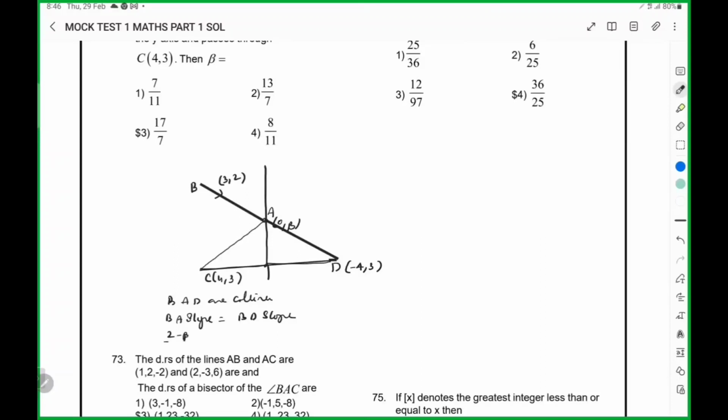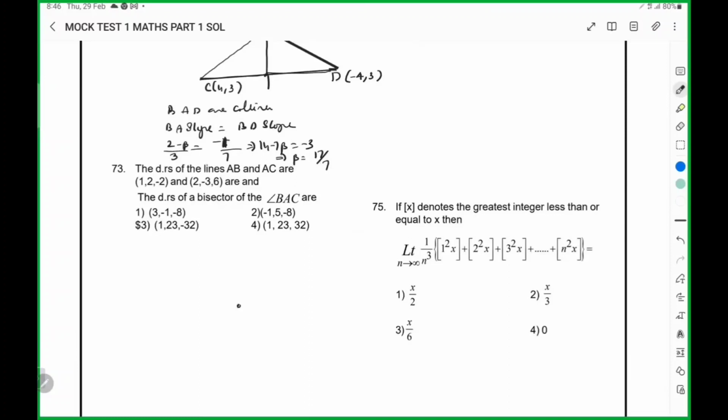So 2 minus beta by 3 is equal to 1 by 7. 14 minus 7 beta is... sorry, 2 minus 1 by 7 minus 3. From here, beta is 17 by 7.